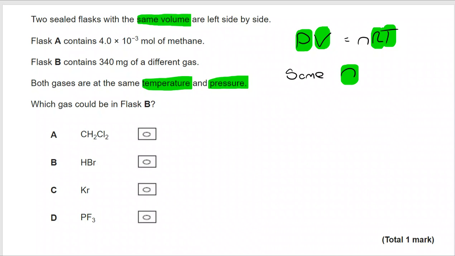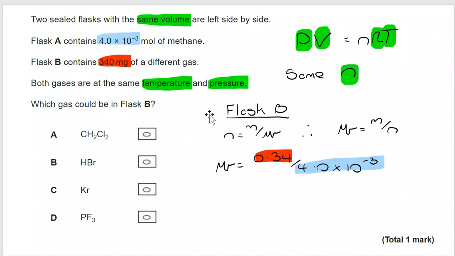So with that in mind, we can go to flask B and we can say that n is m over Mr, and we can rearrange because Mr is m over n. Now my mass is 0.34 grams because I'm converting my milligrams by dividing by 1,000. So 0.34.